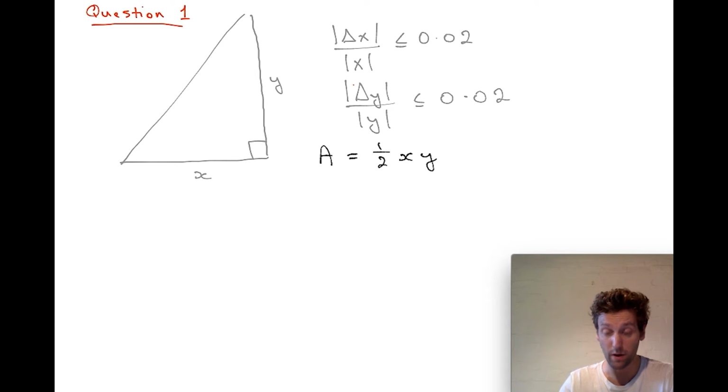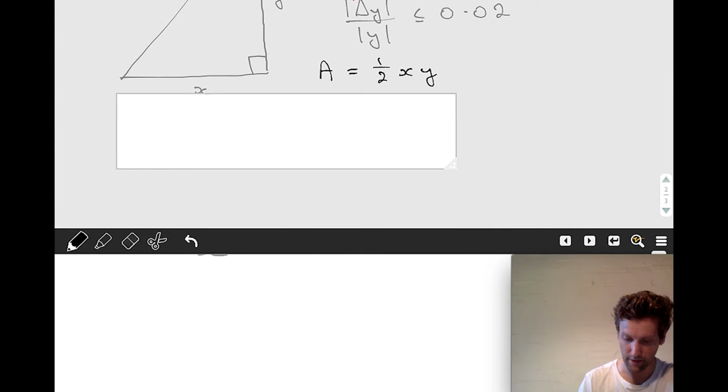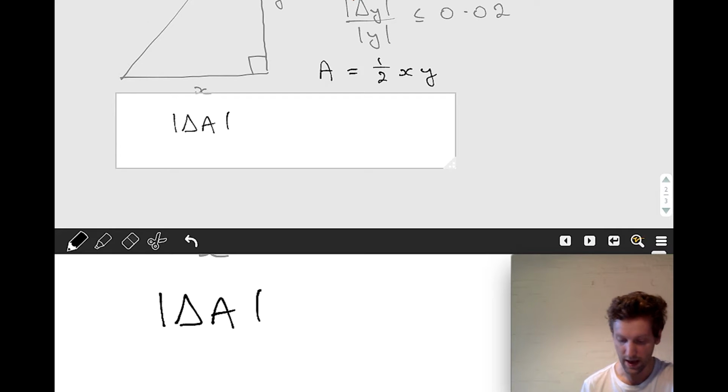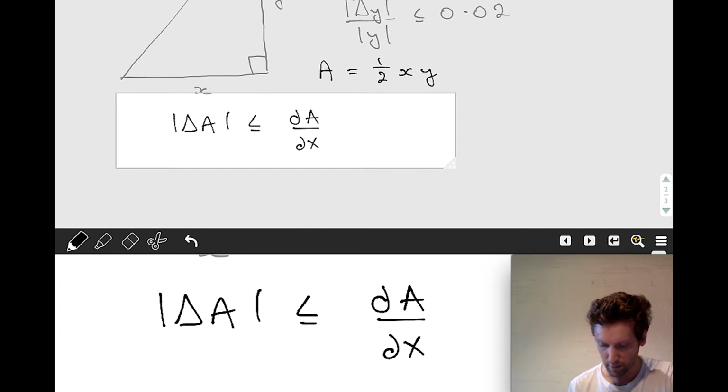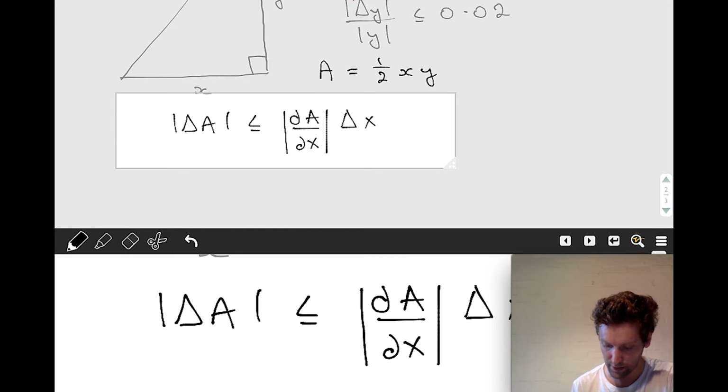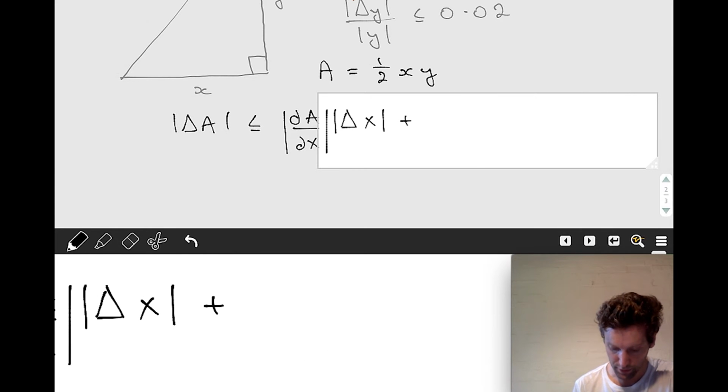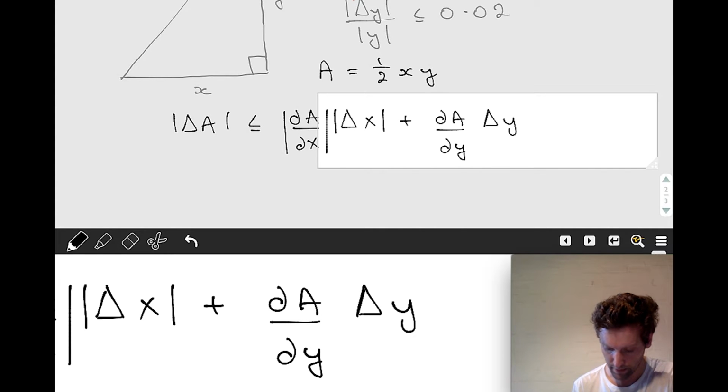So this is the maximum possible error, so we need to use the inequality which we saw in class. That is, the maximum possible error, delta A, will be less than or equal to the partial derivative of A with respect to x multiplied by the error in x, and we need to put absolute value signs on all those, plus the partial derivative of A with respect to y multiplied by the error in y.